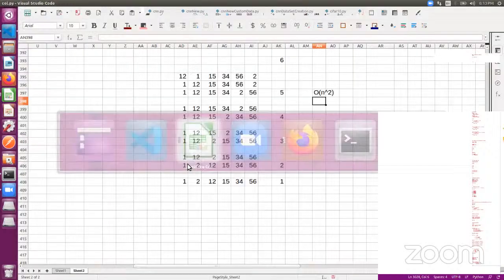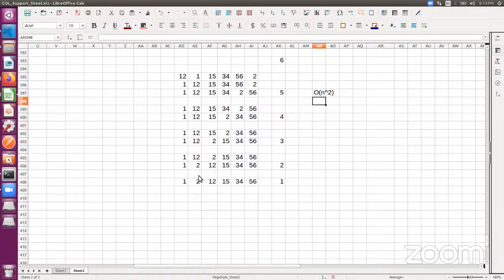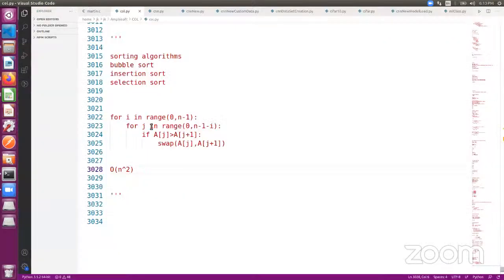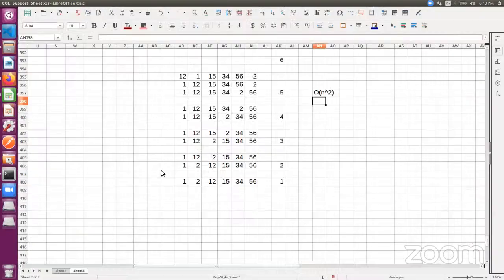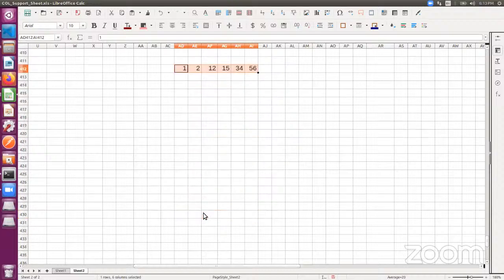Now coming to the best case. Okay. So for converting this algorithm to perform well using best case, we have to do some modification. I'll tell you what is that. See, suppose you take this algorithm, you take this data. Now, if you are performing sorting and this data is already sorted.